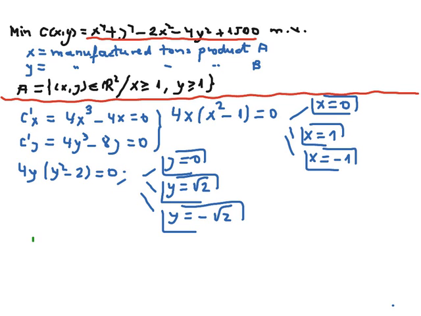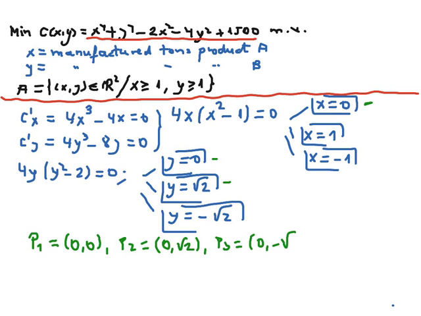So this function has a lot of critical points. The first one would be this one with this one, P2, this one with this one, P3, 0, negative root of 2.